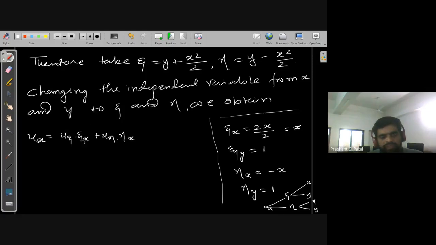But xi x and eta x we already calculated here. Let's substitute that value here. We know that xi x is x, so it is x into u xi plus eta x is minus x, so it is minus x u eta.